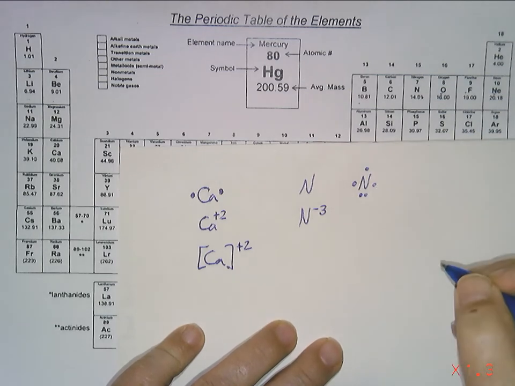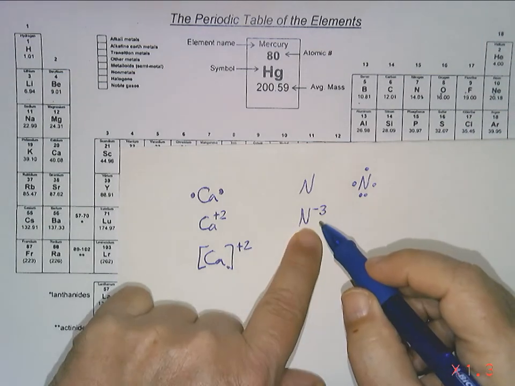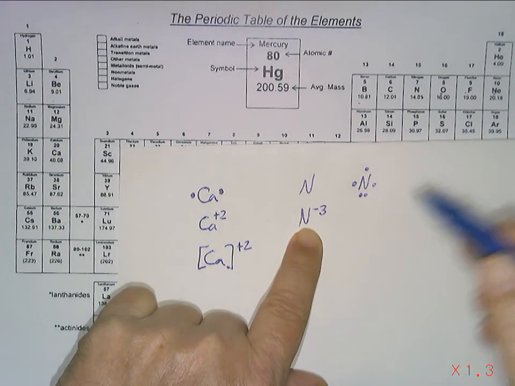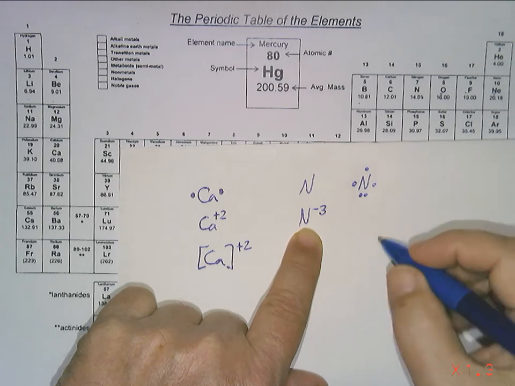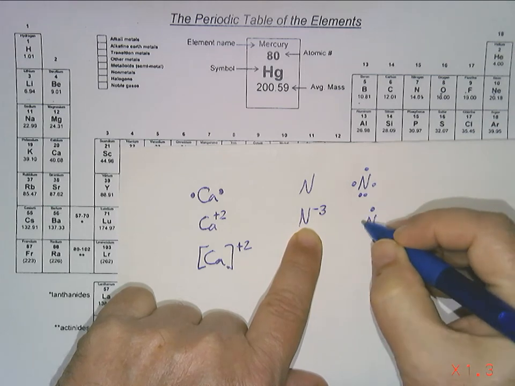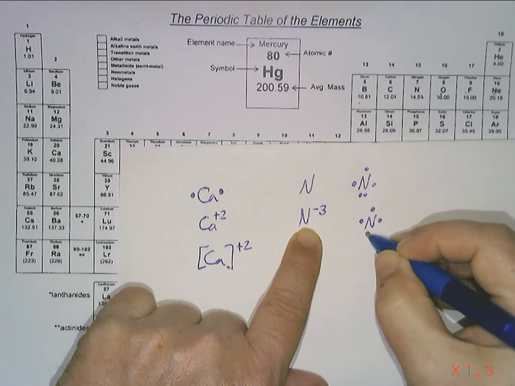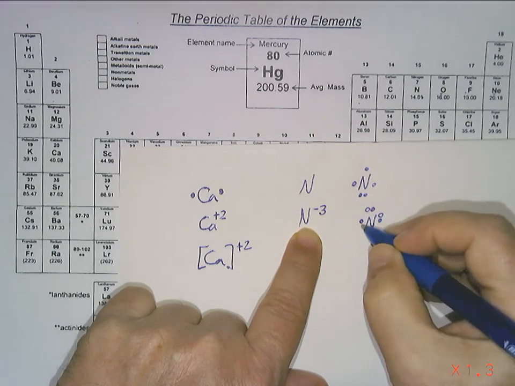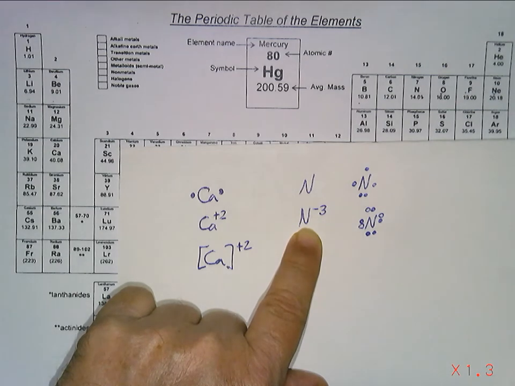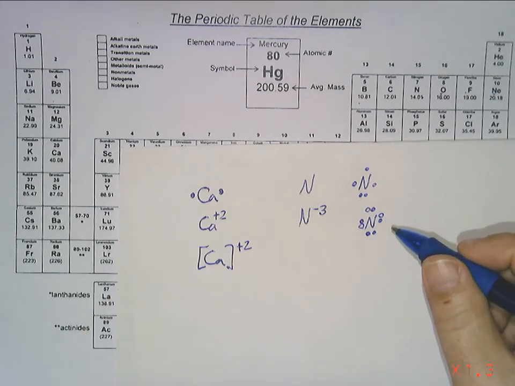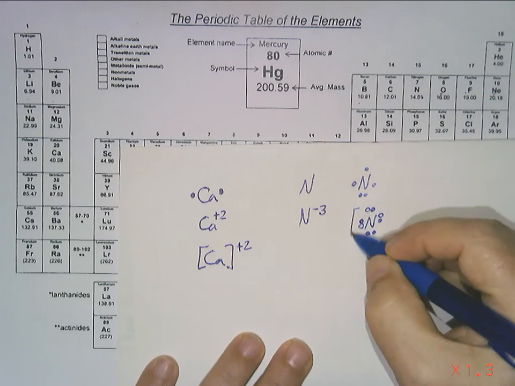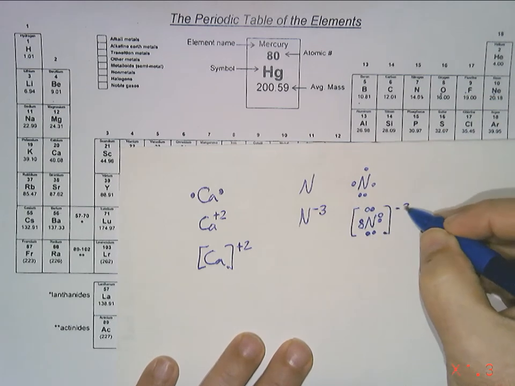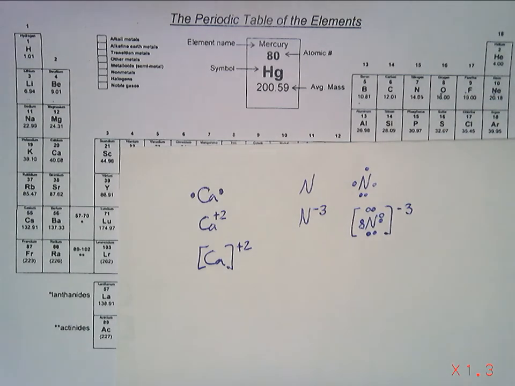So I can write its Lewis structure like that. The nitride ion is going to pick up 3 more, so I'm going to write the Lewis structure down for a nitrogen atom, and now I'm going to add 3 more electrons onto it. I did them as open circles rather than filled in dots. And now, because it has a charge, I'm going to put a -3 on the outside of that. So I put square brackets around anything with a charge and put a -3 on it.